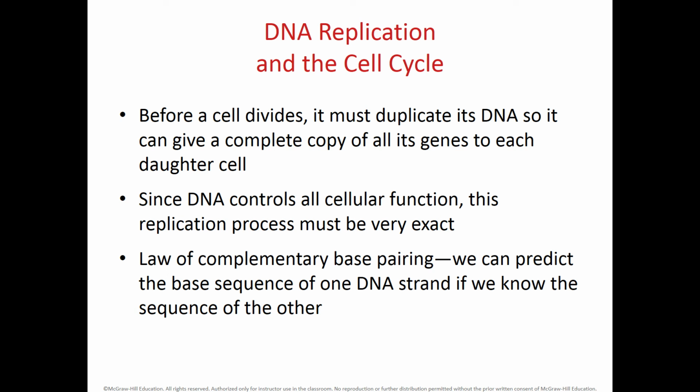And the purpose of this DNA replication is, as I mentioned before, to give a complete set of genes, or DNA, to each daughter cell. So usually our cells, when they are going to repair or grow, undergo this DNA replication and form two daughter cells. And the two daughter cells each have to receive a complete set of genes.